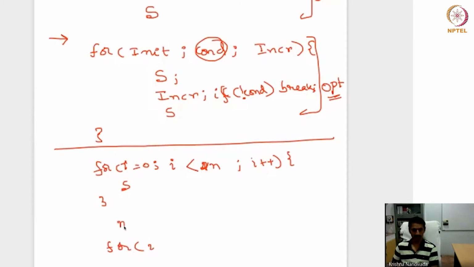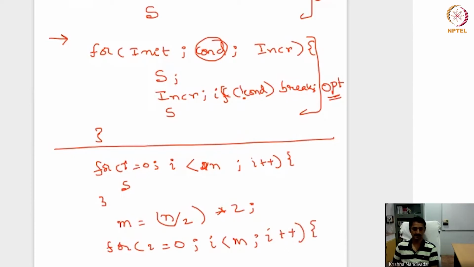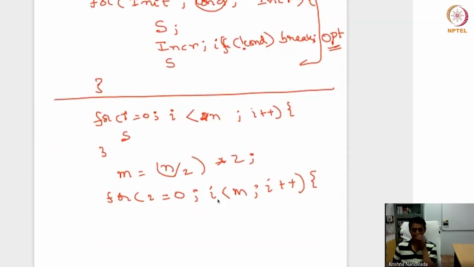I can write m equal to n integer division 2 multiplied by 2. Okay, I equal to 0, I less than m, I plus plus. And what will I do?